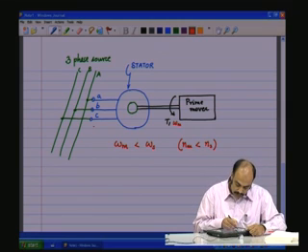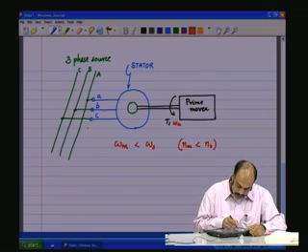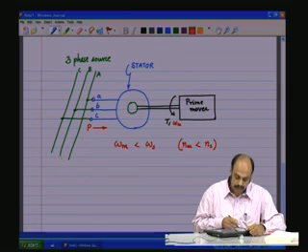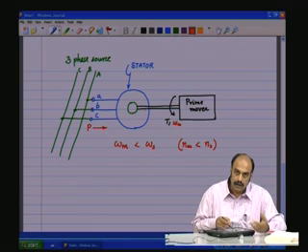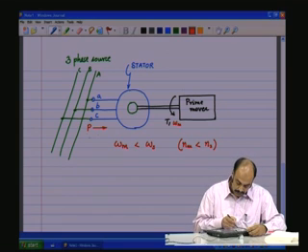So we will call this one this source, which is giving both. Let us say P is the active power, which is supplying the losses in the stator, is going to the rotor, the losses in the rotor going to the shaft, and then to the load, whatever it is.